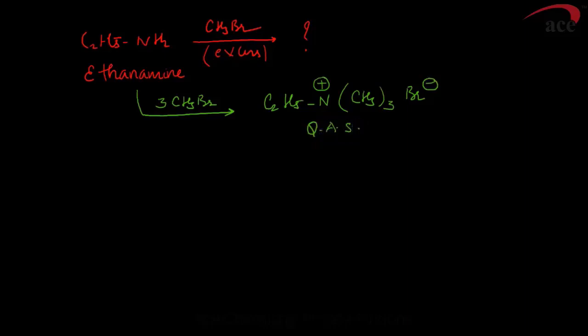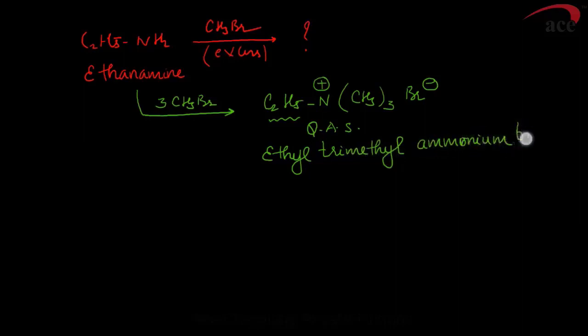Now if you want to name it, C2H5 is called ethyl, and there are 3 methyl groups, so it should be ethyl trimethyl. N+ is called ammonium. So it is ethyl trimethyl ammonium bromide. This was the first example.